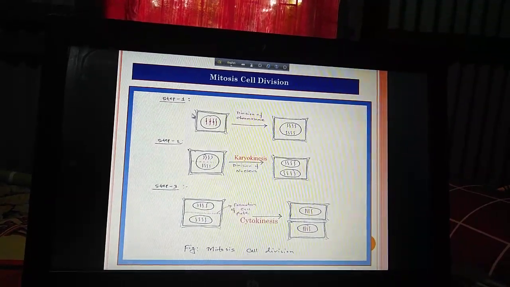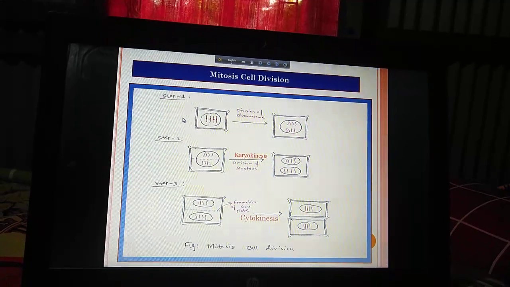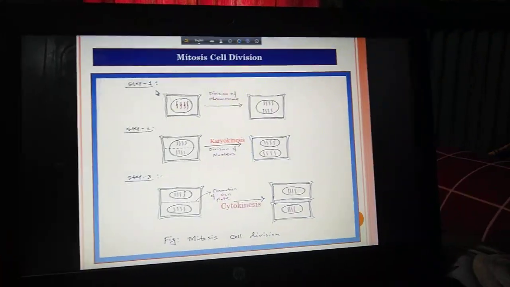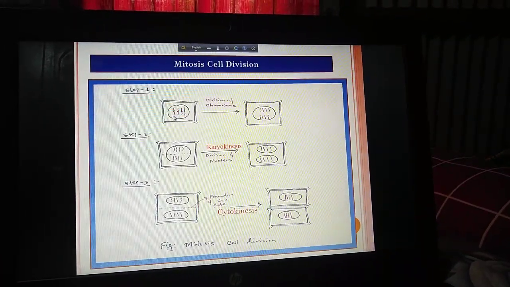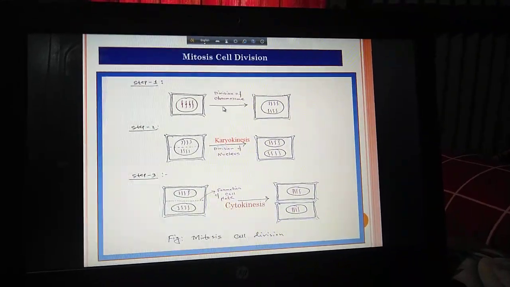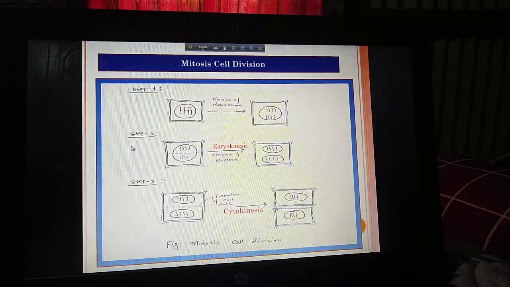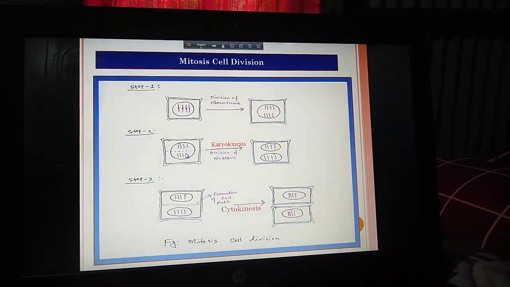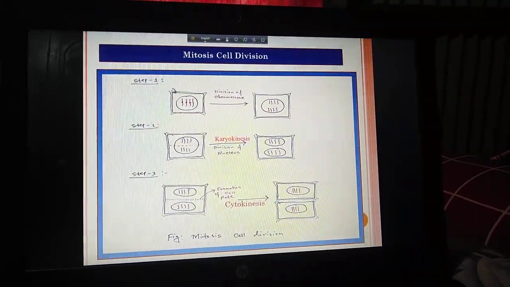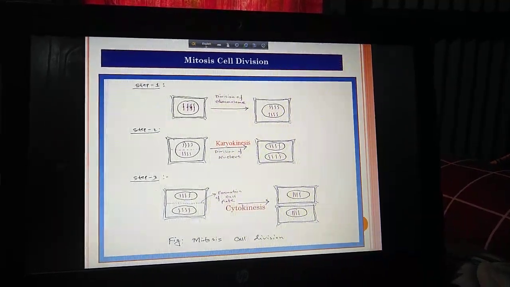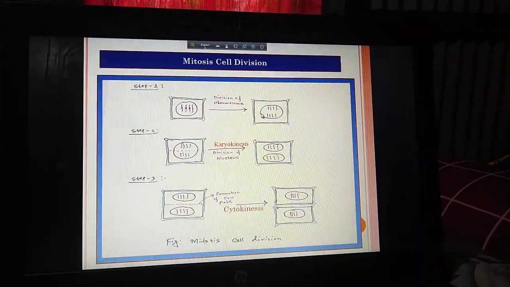This is the explanation. In this slide, you are seeing that in step number 1, at first, the chromosome of the mother cell divides. In step number 2, the nucleus divides. So in step number 1, when the chromosome divides, the number of chromosomes will be doubled.